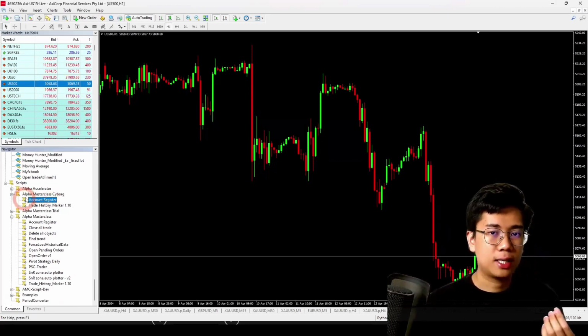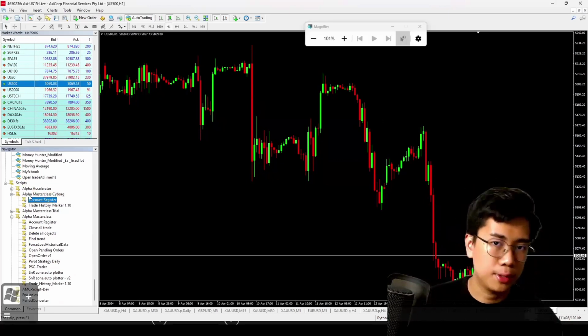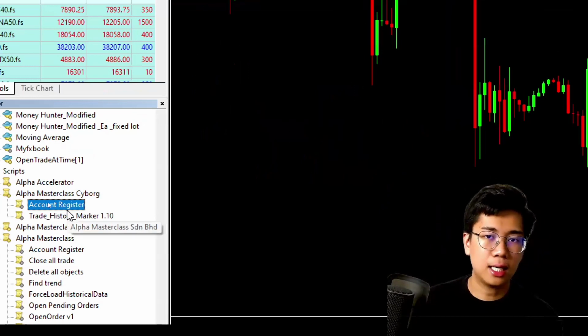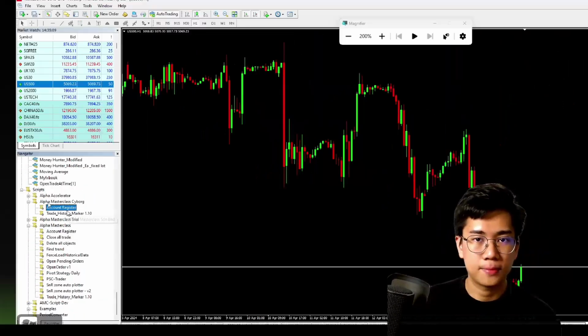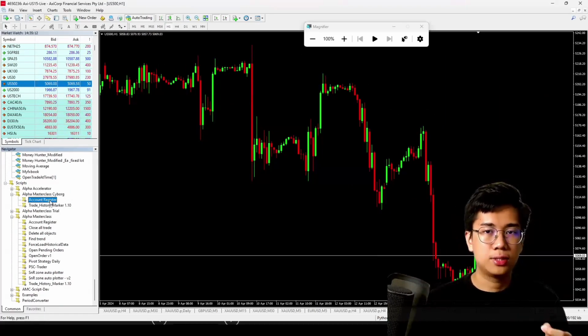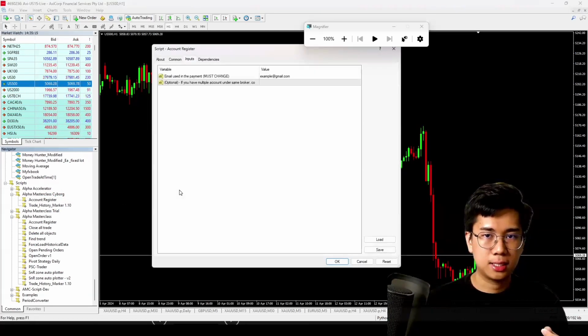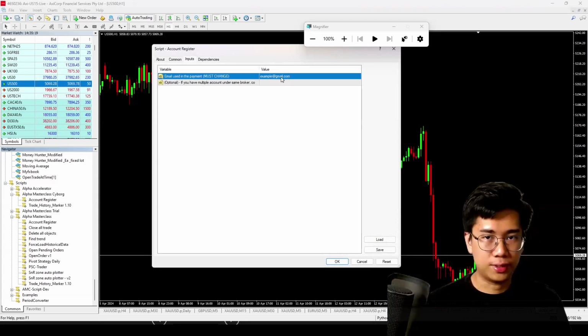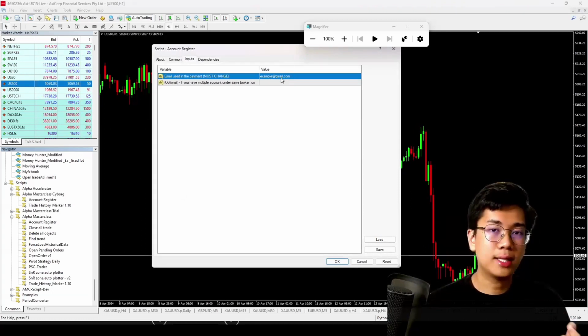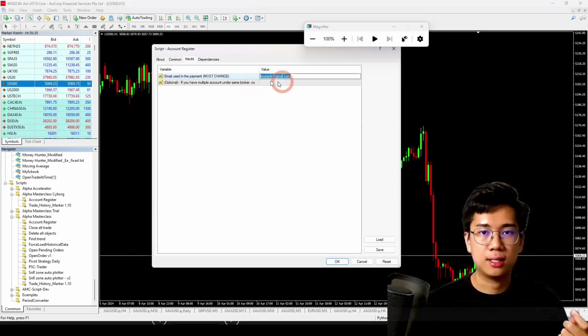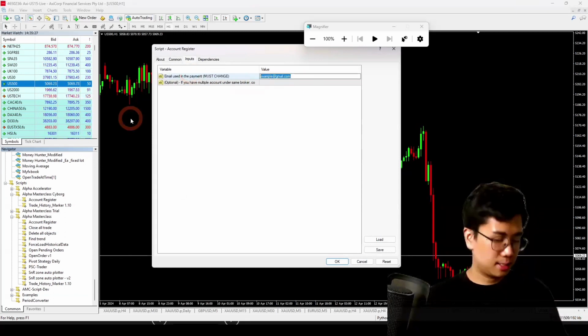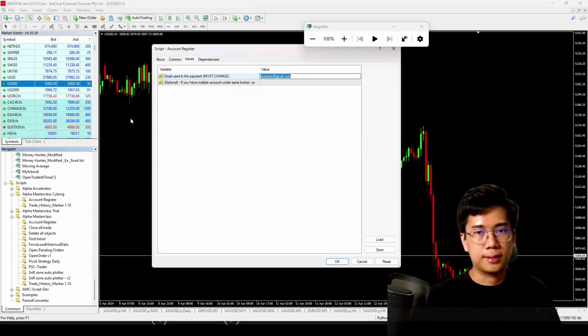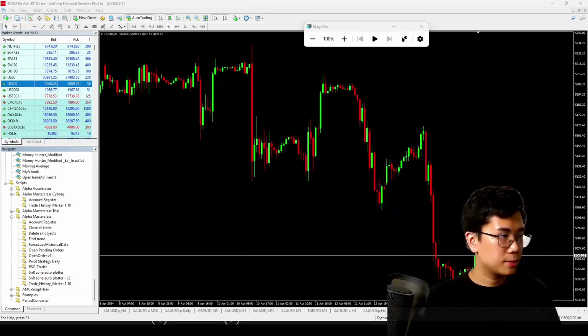The robot that is given to you guys is Alpha Musca Cyborg, and then the account register there. In account register, you just drag and drop it into the chart and key in the email that you have registered with us. The email is the one that you made payment with yesterday, so you just key in accordingly, and then click OK. So let me do a demo.